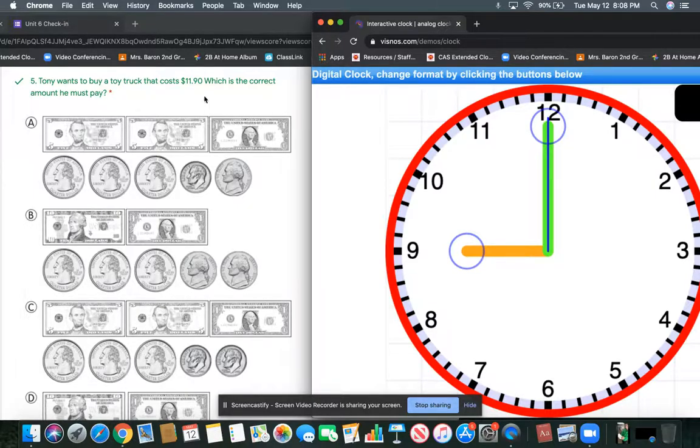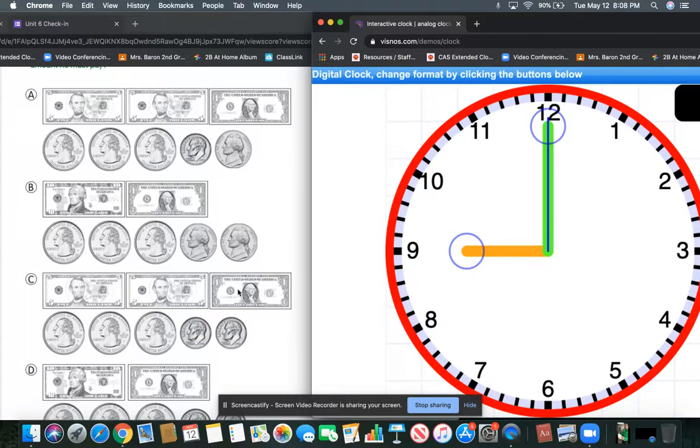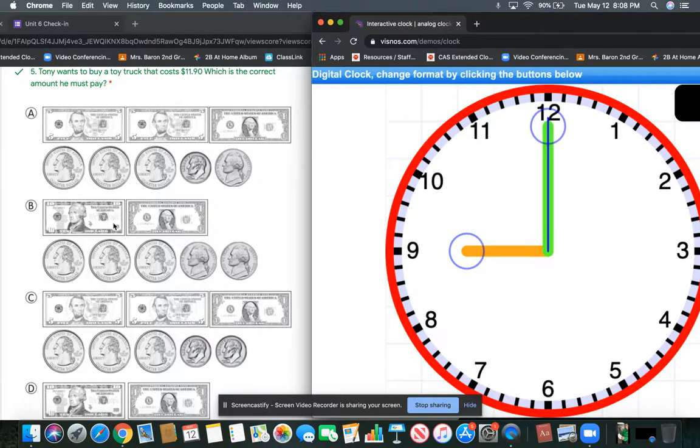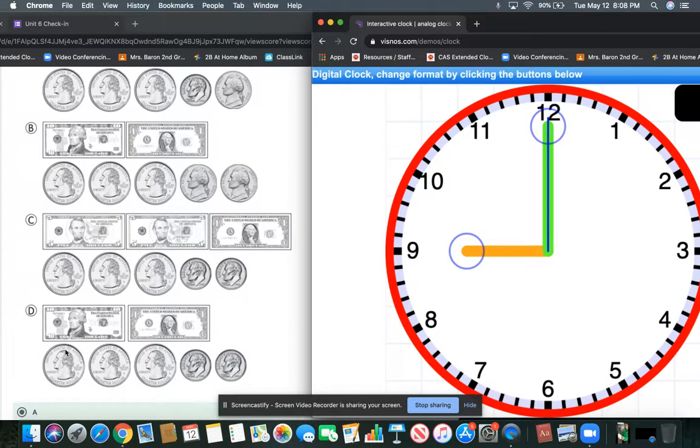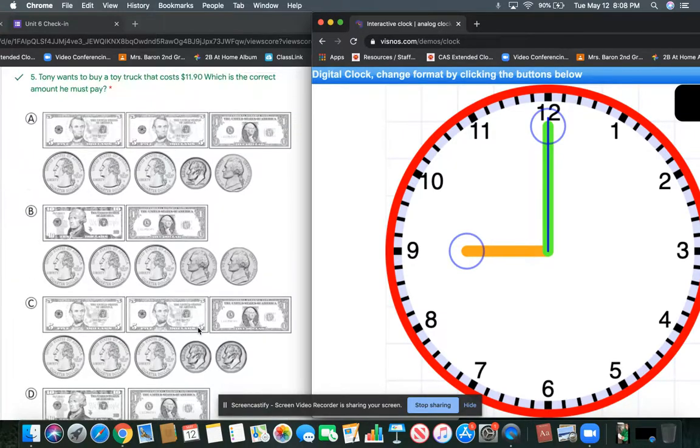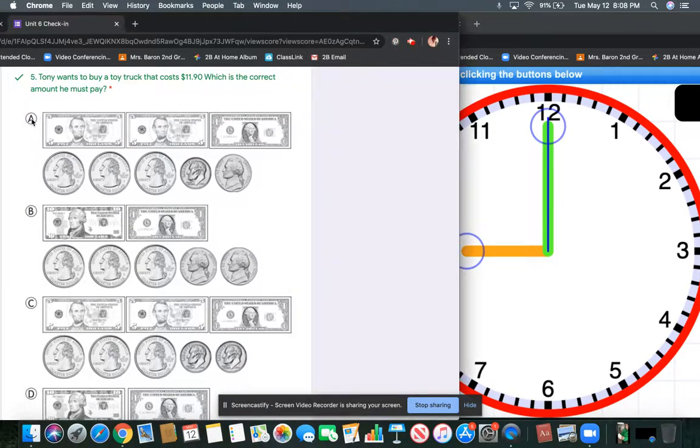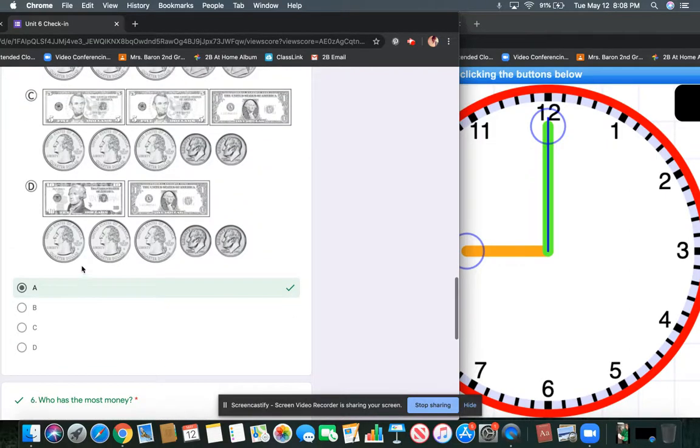Okay, so that's not right. The next one is 11, 1125, 1150, 1175, 1185, 1195. Again, it's too much. Let's do the last one. 11, 25, 50, 75, 85, 95. So it's too much. So the correct answer here was A.